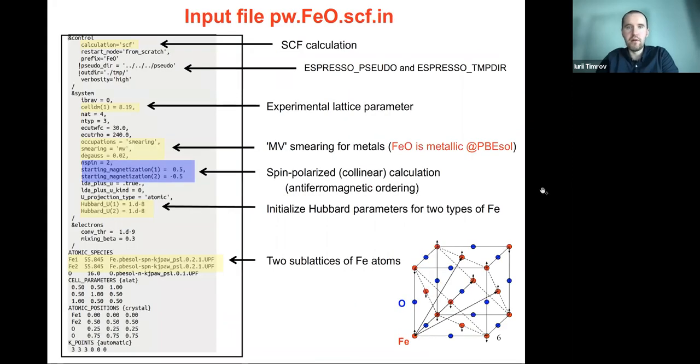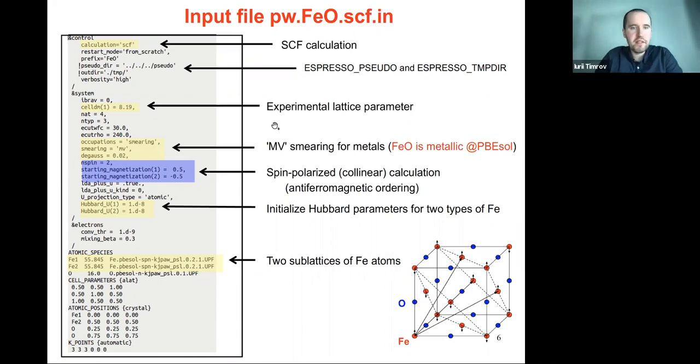Okay, so example 1, iron oxide. We start with the input file. You are already all experts in input for PW calculation, for the ground state calculation. So I will not discuss many things, just things related to DFT plus U calculation.